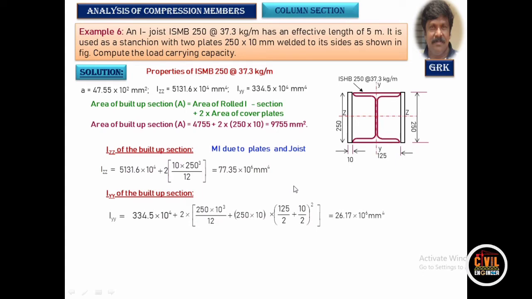Now we get the value of IYY as 26.17. The minimum is 26.17 into 10 to the power of 6 mm to the power of 4.